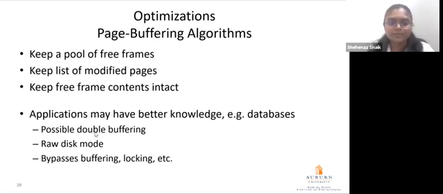If that is the case, then the effort put in by the operating system in pre-paging or swapping in some of the pages from the backing store will be a wasted effort. Or in other words, we refer to that as double buffering. Okay? So this leads to wasted effort, and this can be avoided by allowing applications like databases to manage their own memory allocations. Okay? So this is another optimization that can be followed.